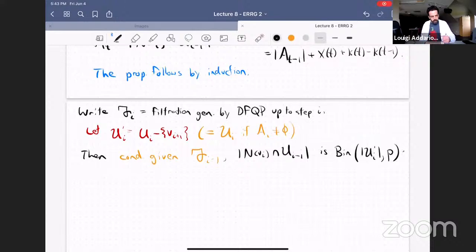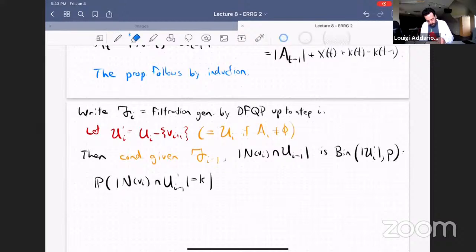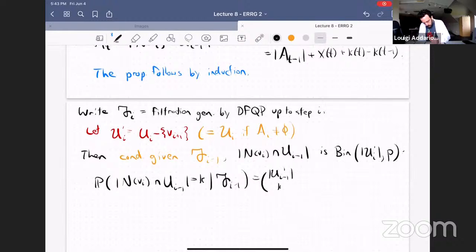Okay, so this is to say that the probability that this set has size k given F_{i-1} is the size of U_{i-1}' choose k, p to the k, 1 minus p to the U_{i-1}' minus k.